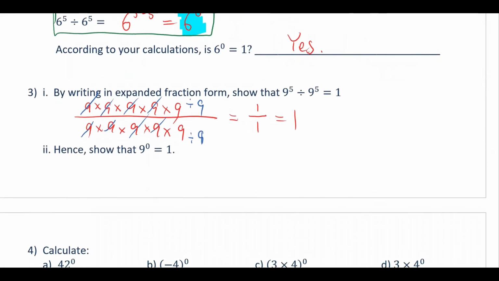And using index laws, we can show that 9 to the power of 5 divided by 9 to the power of 5 is equal to 9 to the power of 0 because we were able to just subtract the indices, okay? And that is equal to 0.